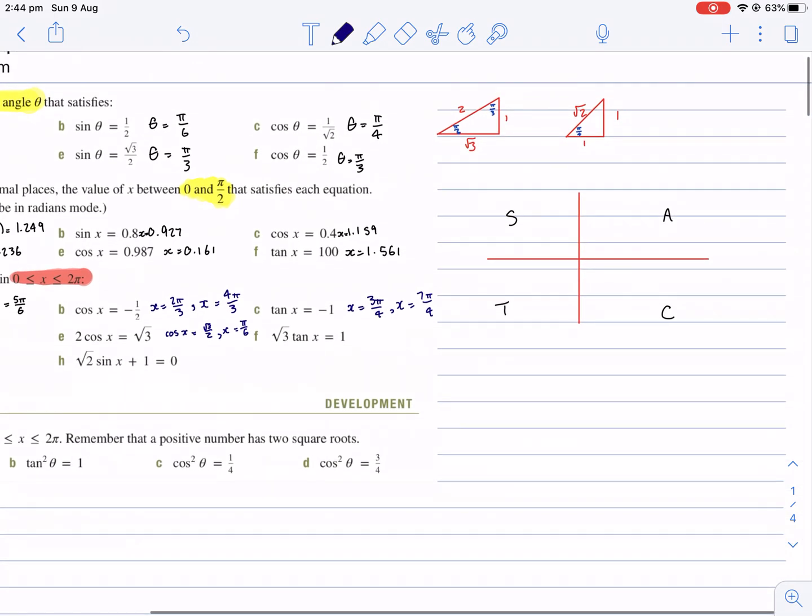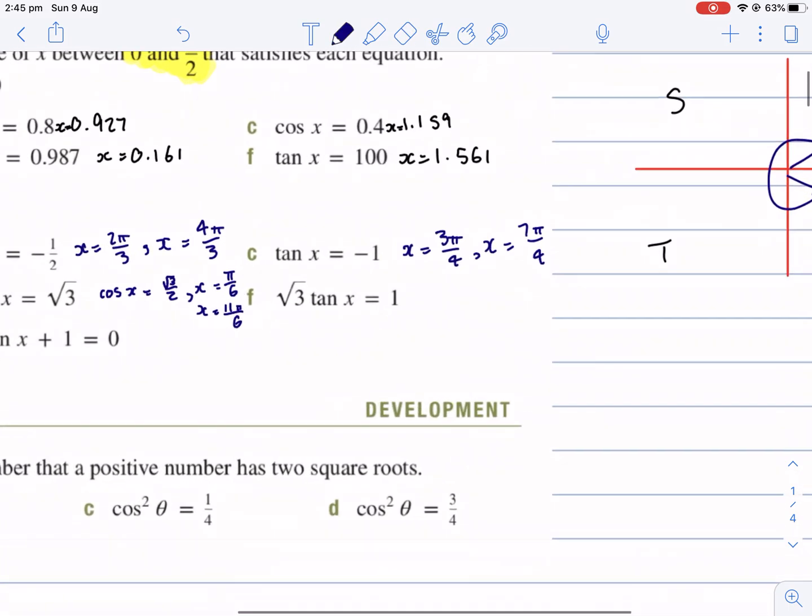The other value that would have given us positive, so pi on 6 is up here, would be down here. To figure out all the way around, it's 2 minus 1/6 equals 11 on 6. So it's 11 pi on 6, because 2 is 2 pi.